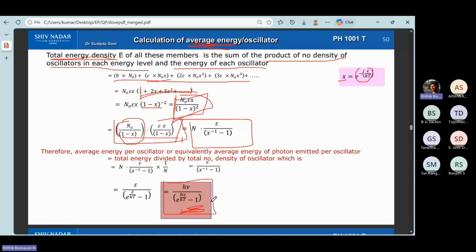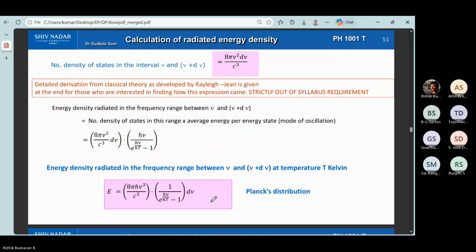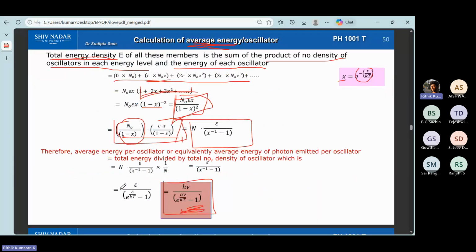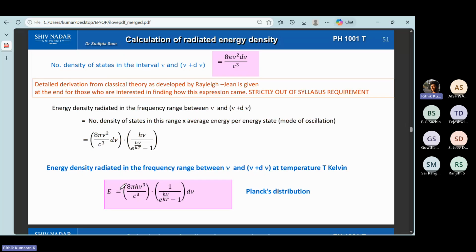Okay, I'll move forward. Next, we calculated the average energy, but there is a term before it. What was it? The energy density. The energy density into the average energy was the whole term given there by Rayleigh or Wien, right?